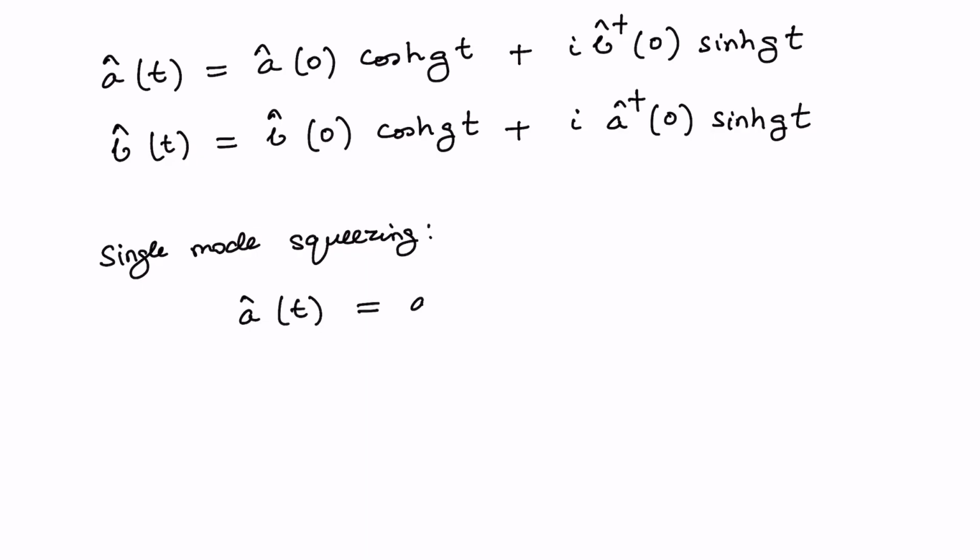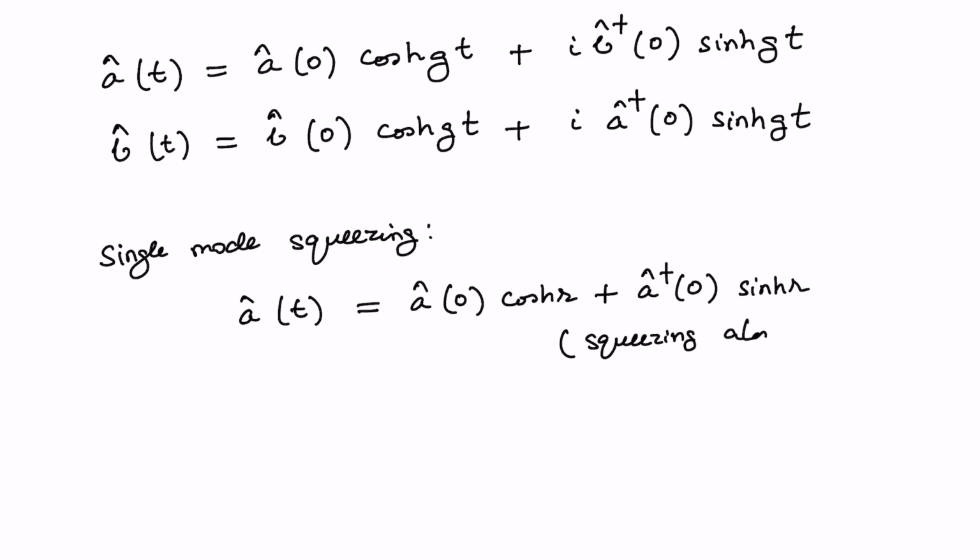We got a of t is equal to a of 0 cosh r plus a dagger of 0 sinh r. Now squeezing here is happening along the x direction, along the x quadrature. This you should recall.